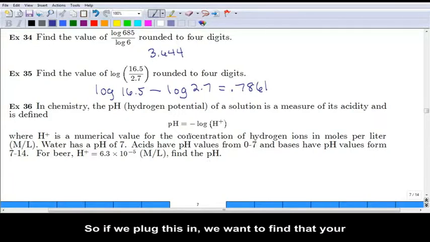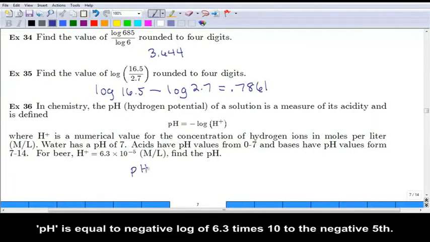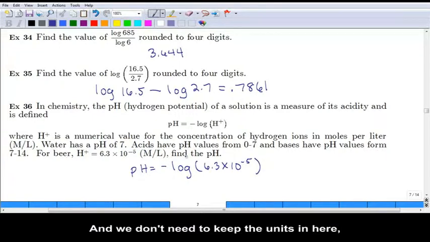So if we plug this in, we want to find that your pH is equal to negative log of 6.3 times 10 to the negative 5th, and we don't need to keep the units in here because it's understood to be moles per liter.